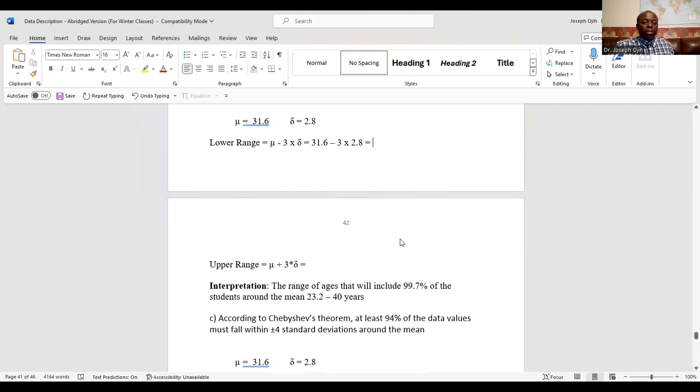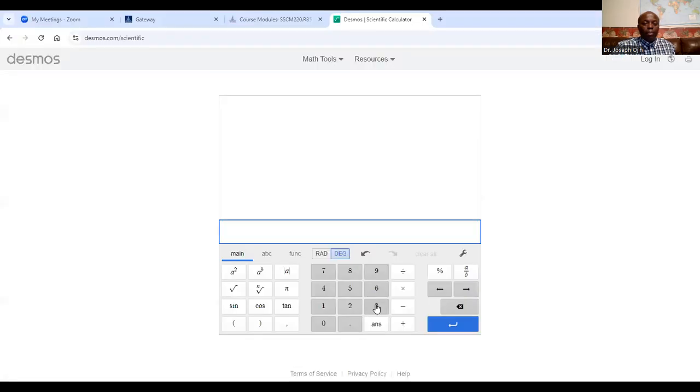Put it on the calculator: 31.6 minus 3 times the standard deviation of 2.8. That gives me 23.2. 23.2 years. So we go and put it in.